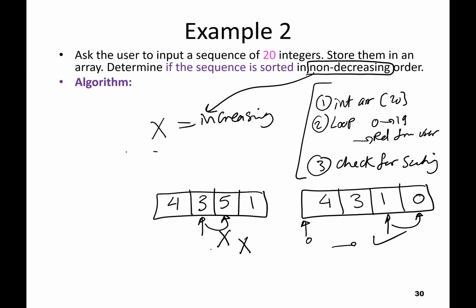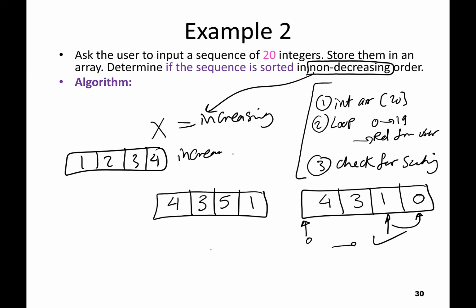Because for this array, let's say 1, 2, 3, 4, this one is an increasing order, yes, and it's also in a non-decreasing order.